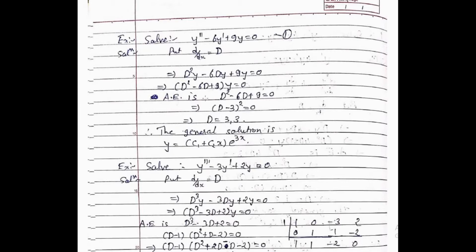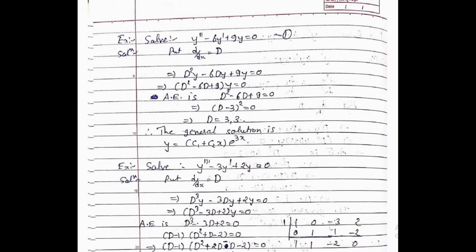So this is your auxiliary equation, d square minus 6d plus 9 equal to 0. Factorizing, that will give you d minus 3 the whole square is equal to 0, and that will give you d is equal to 3, 2 times, and that means you have a real and repeating root.